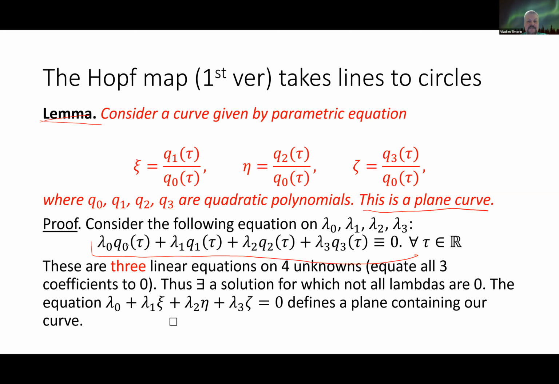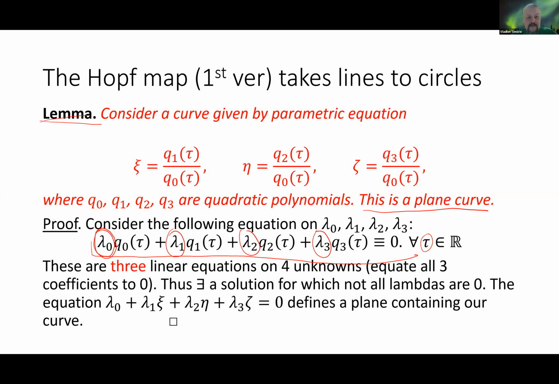And this will be an equation on the coefficients of this linear combination, namely the unknowns will be lambda naught, lambda 1, lambda 2, and lambda 3. And the equation should be, the equality should be identical with respect to tau, in the sense that we have just a quadratic polynomial.